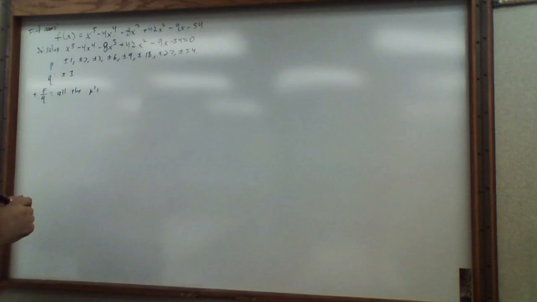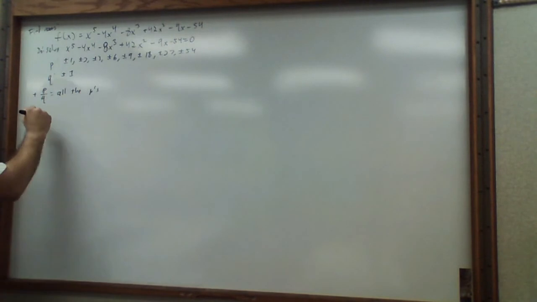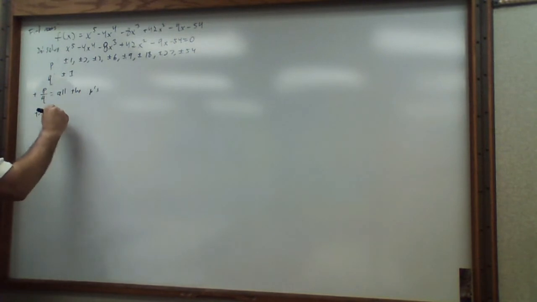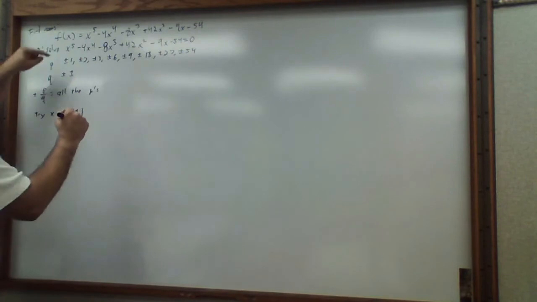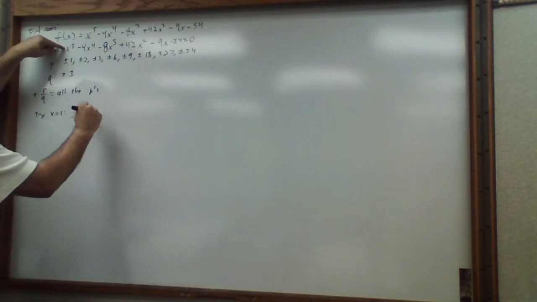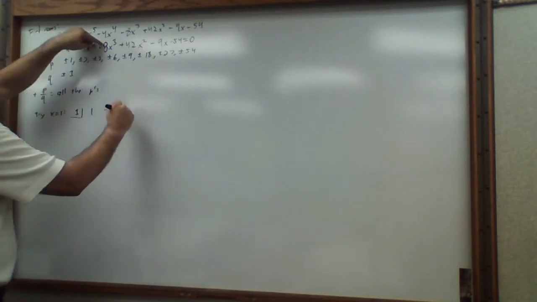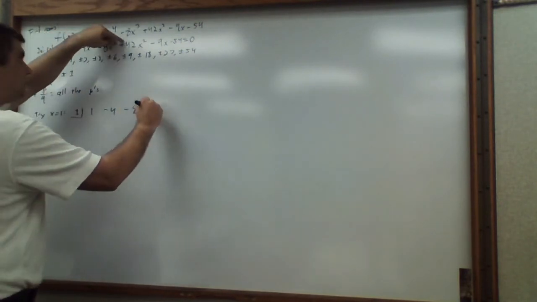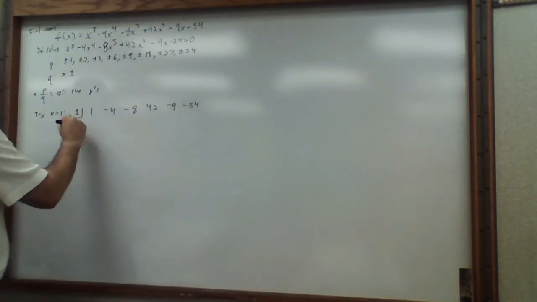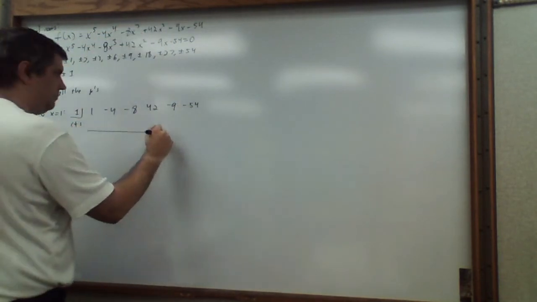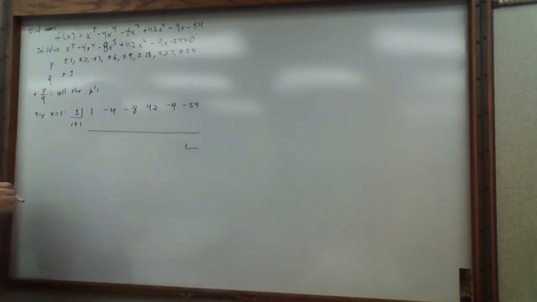Now, we'll try x equals 1. Remember, we're going for 0. We want 0 to be at the end of the synthetic substitution process. 1, negative 4, negative 8, 42, negative 9, negative 54. So, here's a box.